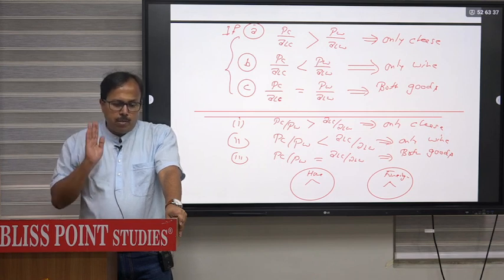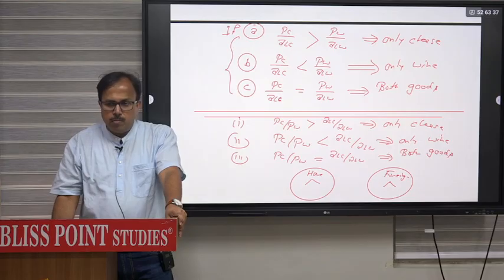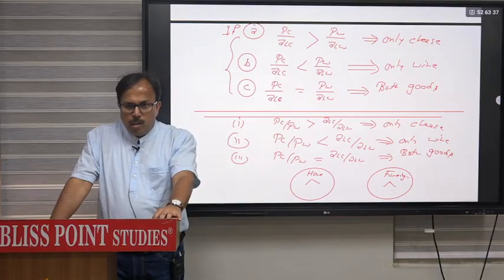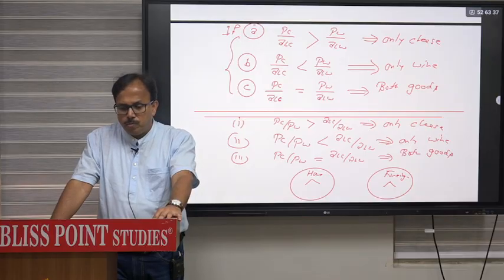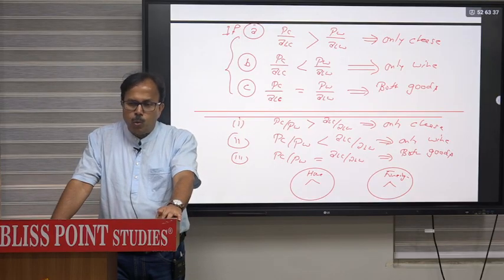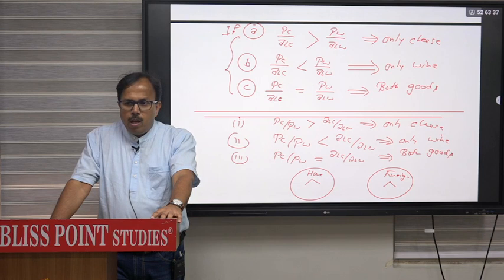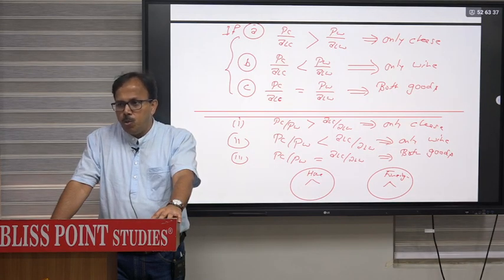For that purpose, it is required that the relative price of a good must be equal to the opportunity cost of producing that good.